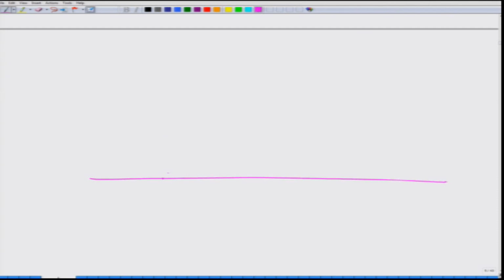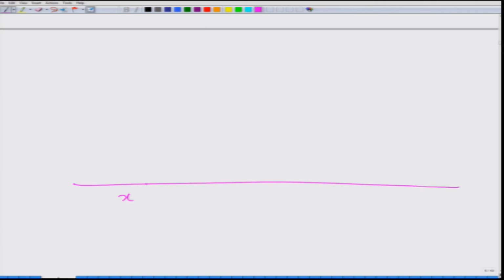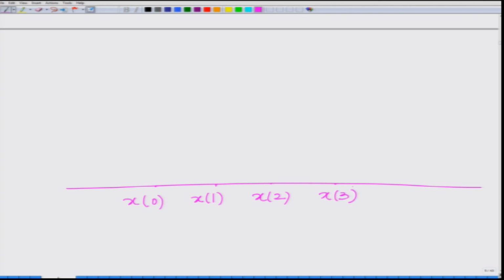Let us have here the time axis with x0, x1, x2, x3, let me draw it clearly. Let us say this is your x0, this is your x1, this is your x2, and this is your x3.